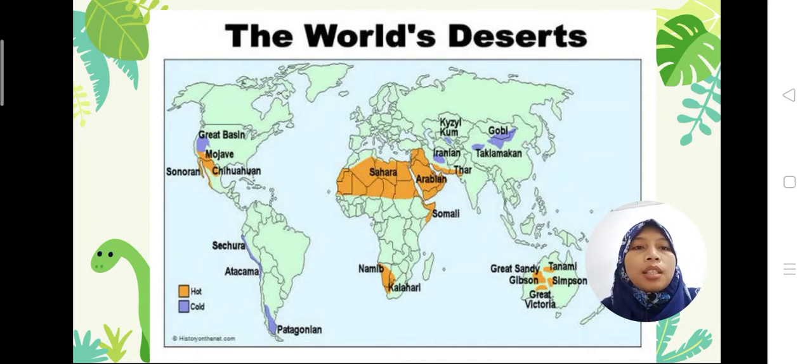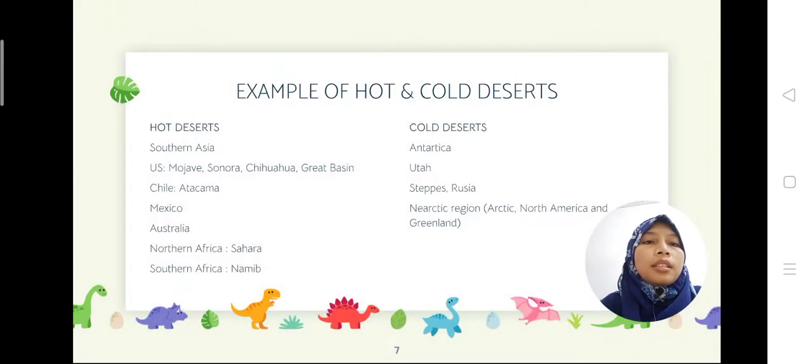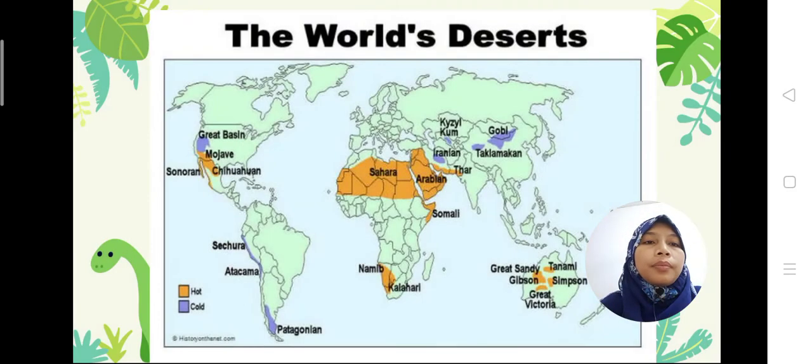And then we can see the Sahara, Arabian, the Namib, Kalahari, Great Sandy, Gibson, Tanami, Simpson. The orange color means hot deserts, and the purple color means cold desert.